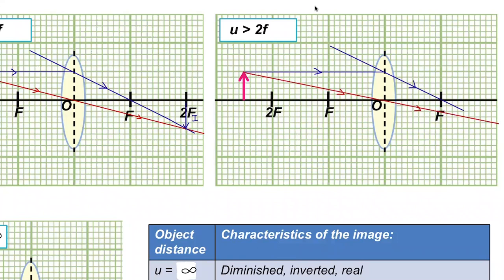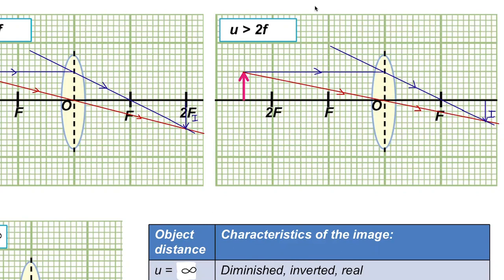Again, the blue line does not intersect with the red line, so you extend it, and then you will get the intersection of the two lines there.